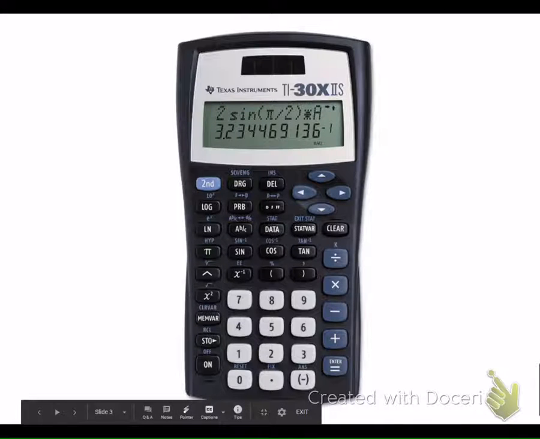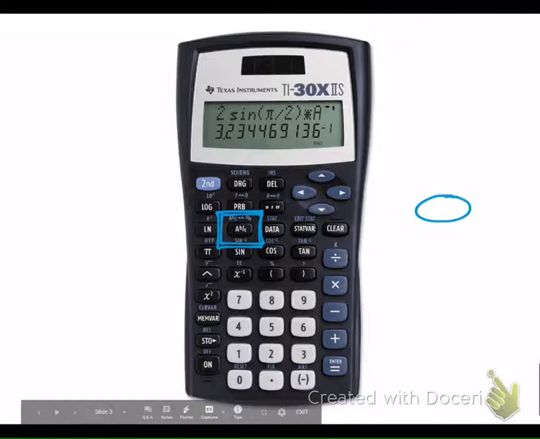Like I said, it's kind of an interesting year because typically I don't allow these. However, I know that they're out there. So if you are going to use one, at least use it right. So here is the fraction button. This is what I wanted to point out to you. I know the pink version of this same calculator has the same button, but it looks like that. It's just a slash.